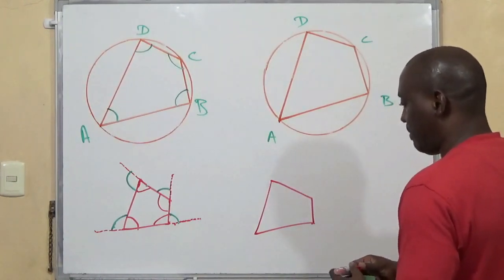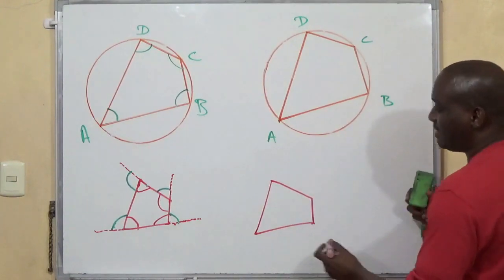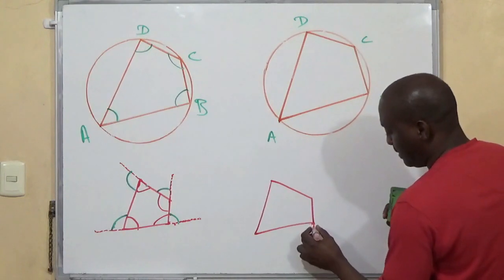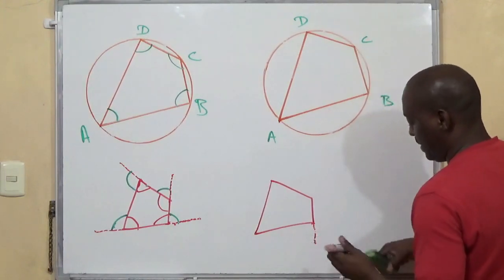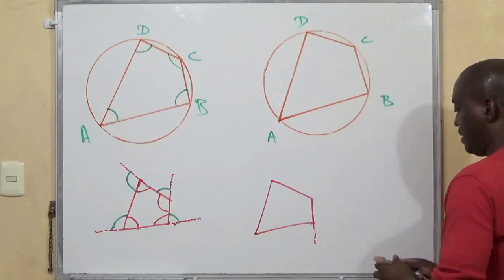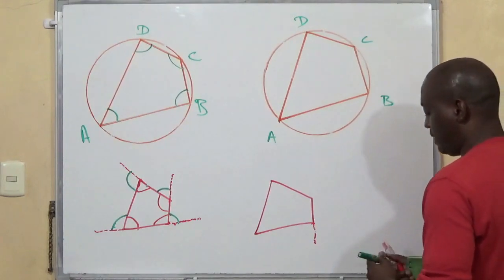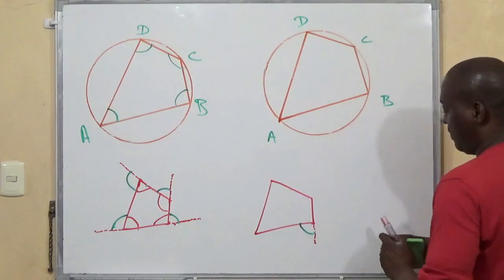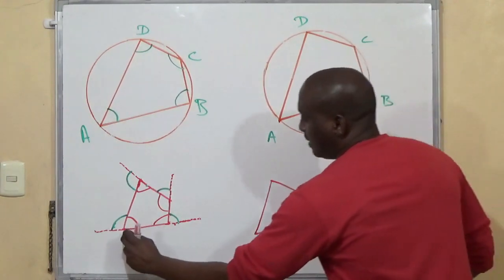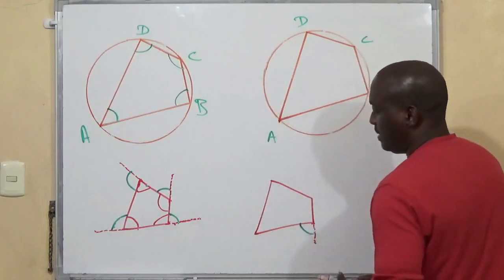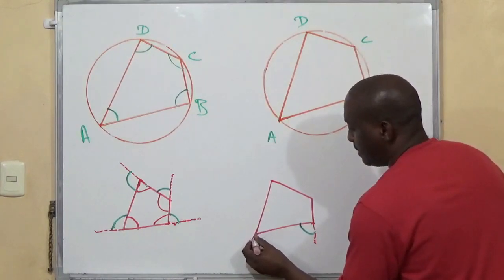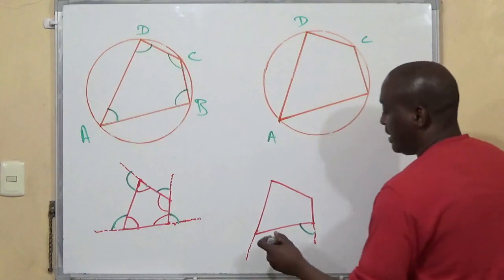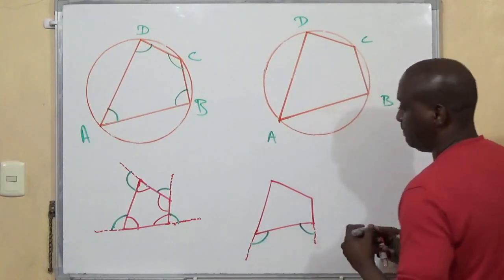Now, we could play the same game in a slightly different way. So instead of extending at this point here, I could extend here, in which case the exterior angle would now be here. Instead of extending here at this point, I could extend down here, in which case the exterior angle would be here.